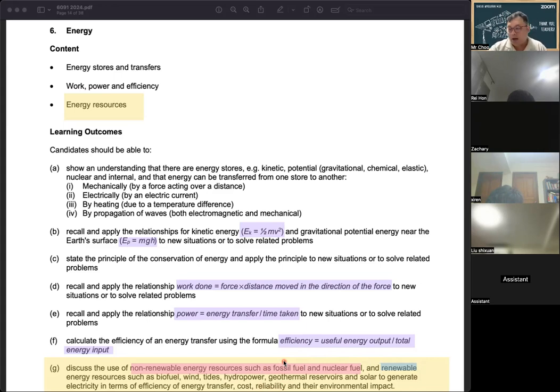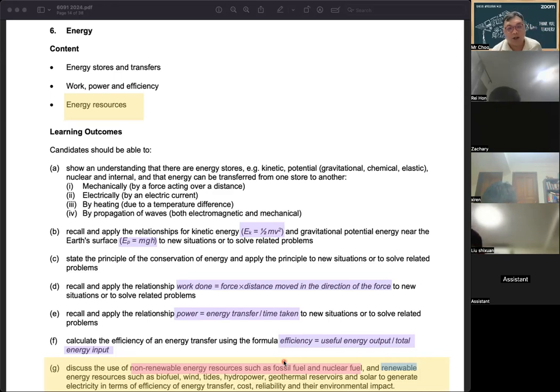Fossil fuels are things like oil, petroleum, natural gas, wood, or coal. These are the very traditional fossil fuels. What is the advantage of fossil fuel? It is actually very reliable. It doesn't depend on wind or the sun or the weather and so on.